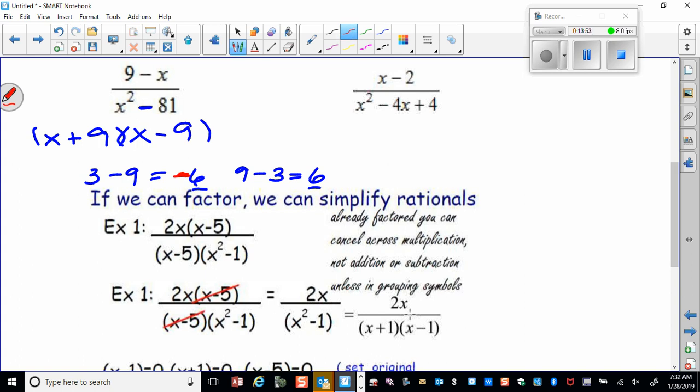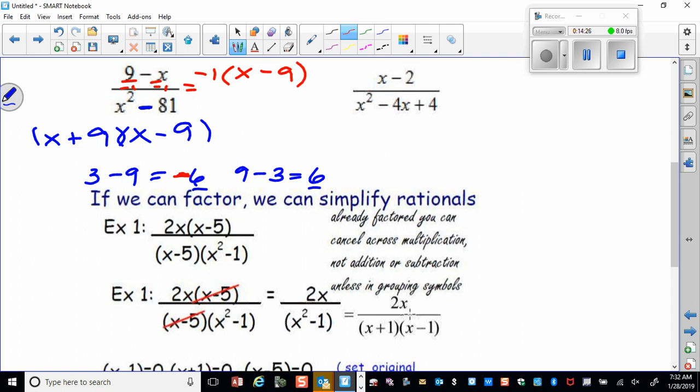Okay? So since it's just the sign that I want to change, this is a positive x and a negative 9. If I want to make these negative, I'll just divide everything by negative 1. Negative 1 is always a greatest common factor. So negative 1 comes out front, and then that would be positive x, and then minus 9.